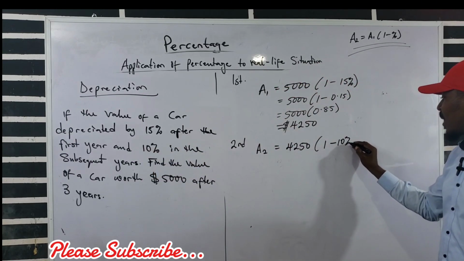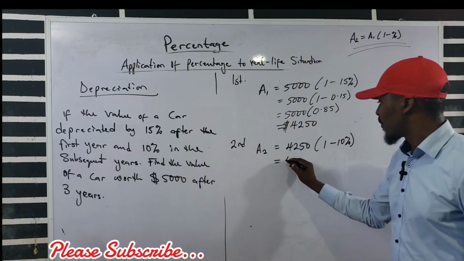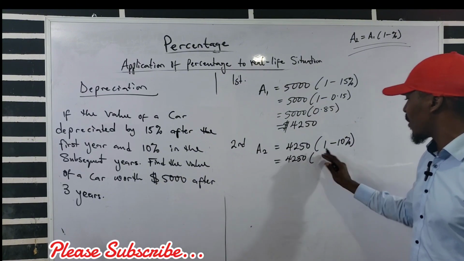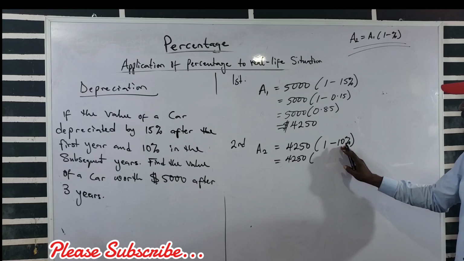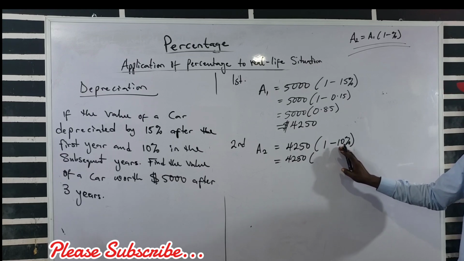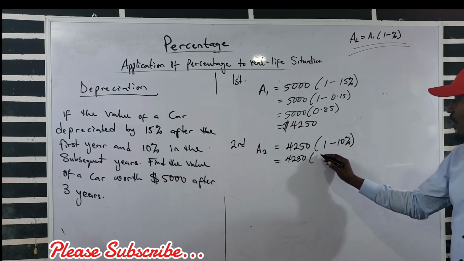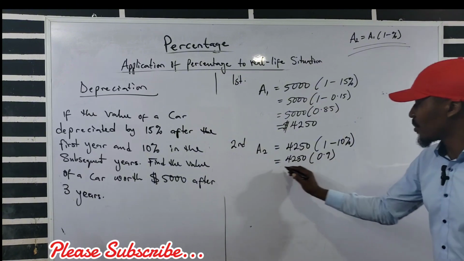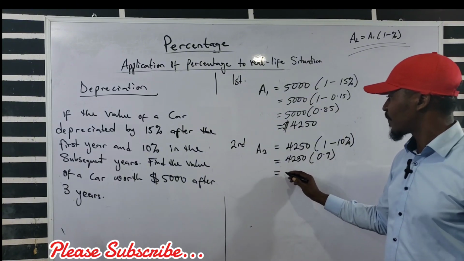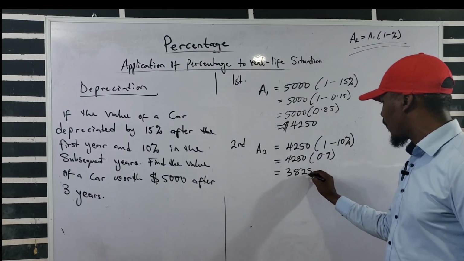So 4,250 into 1 minus 0.1 will give you 0.9. So when you multiply, you will get 3,825.